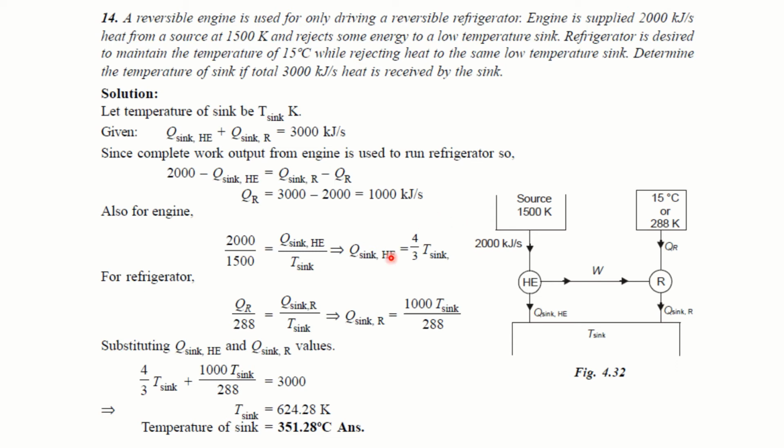So from this, you can obtain this equation. For refrigerator also, I write this similar equation. Correct. So this is given to us. Correct. Go back to this equation, substitute over here, find out T sink. Temperature of sink is 351.28 degrees Celsius.